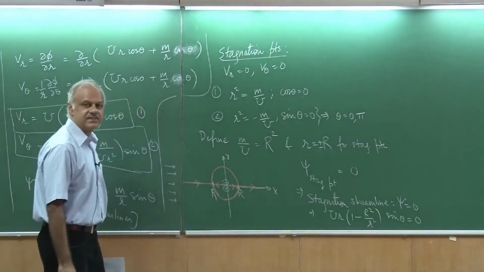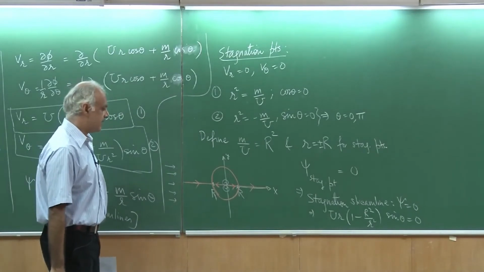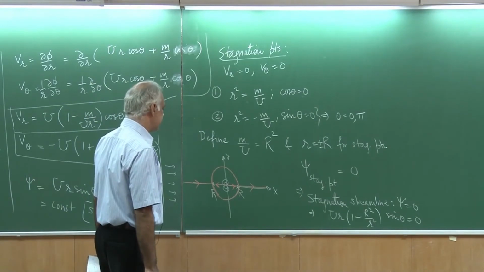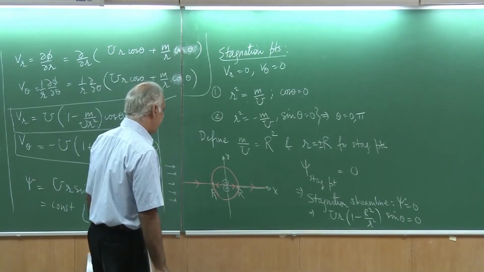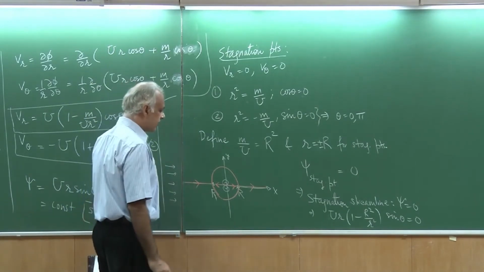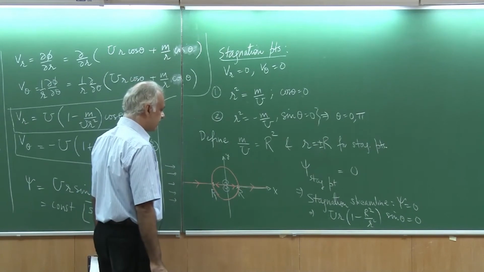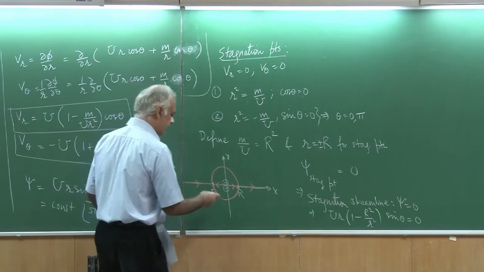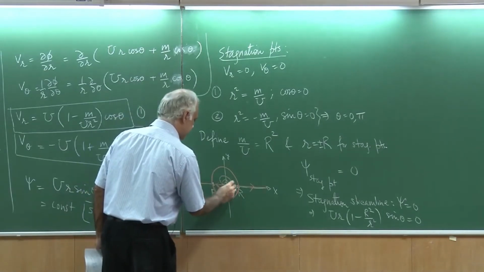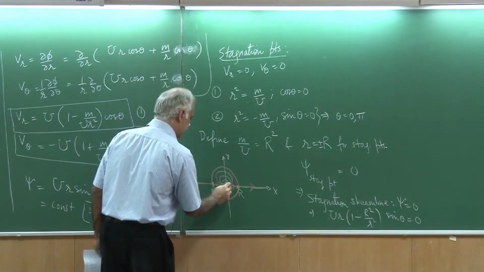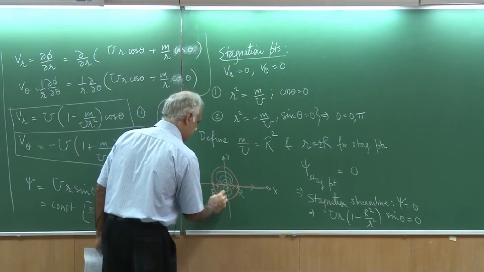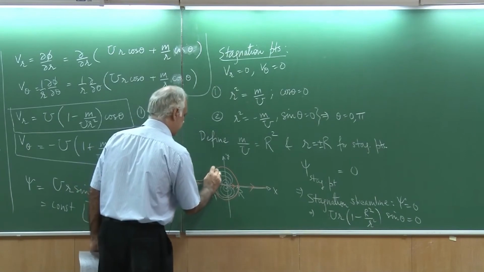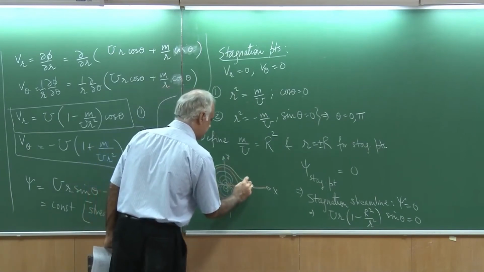This would be my stagnation streamline. Okay, you can check. All right. And the streamlines around it would of course be not the stagnation streamlines. You can see they would actually look something like this. And on the outside, they go around.